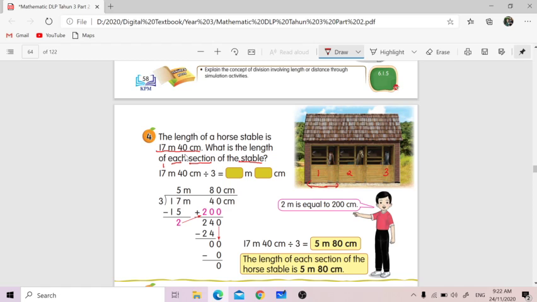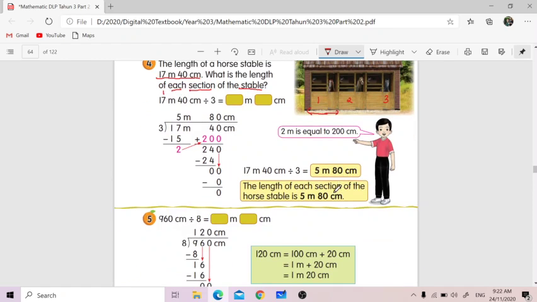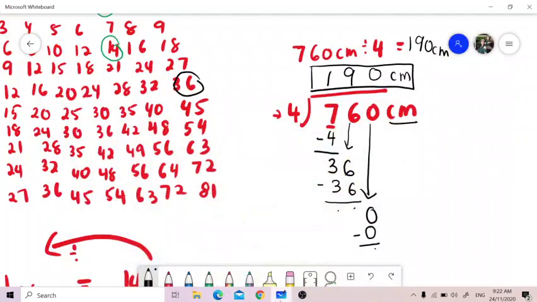Okay, so, okay, mari kita lihat apa yang ditunjukkan dalam buku. Okay. So, ayat matematik dia 17 meter 40 cm divided by 3 sebab ada 3 section. So, when you divide by 3, okay, sama juga ni long division. Okay, so 17 meter divided by 3. Kita tengok dekat sini.